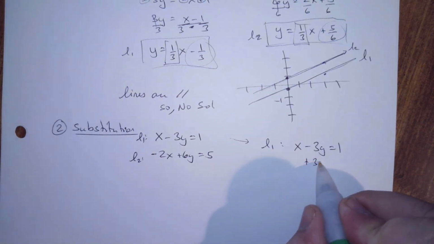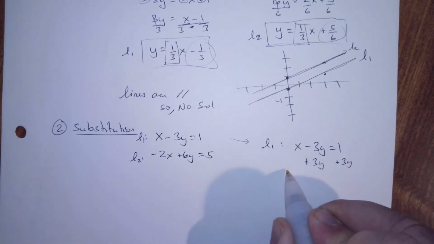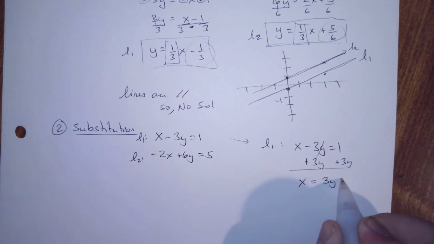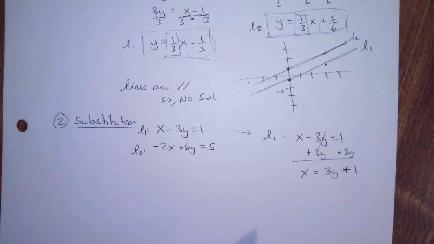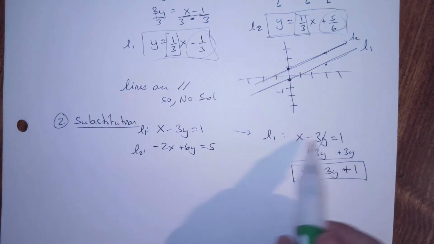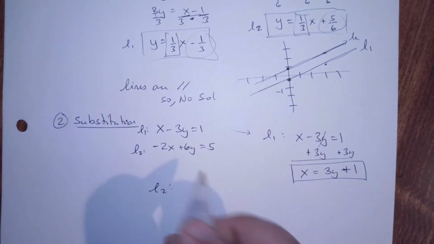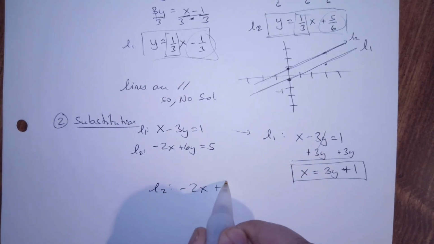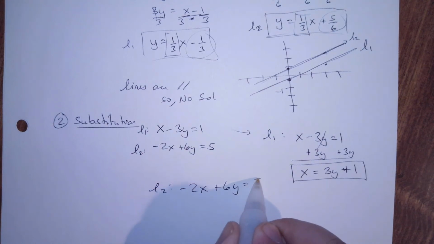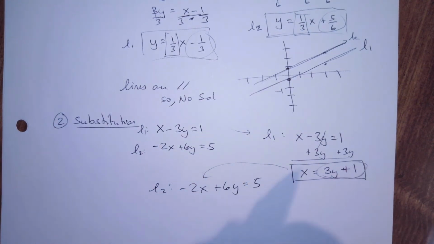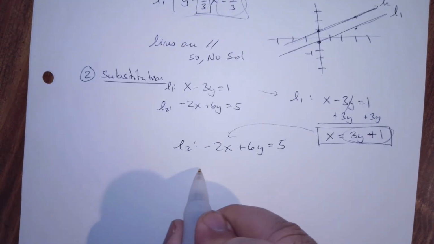So I add 3y to both sides. x equals 3y plus 1. So there's my equation for x. Since I used line 1 to solve for x, I have to use line 2 to solve for y. So anywhere I see an x, I put 3y plus 1.